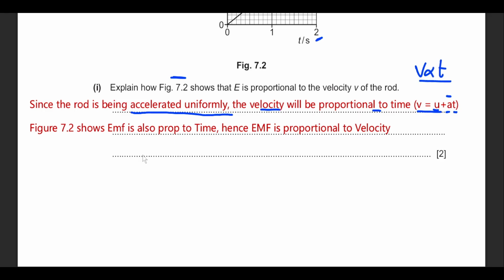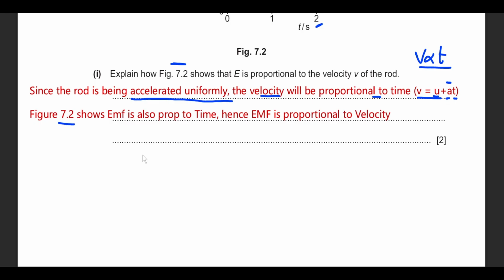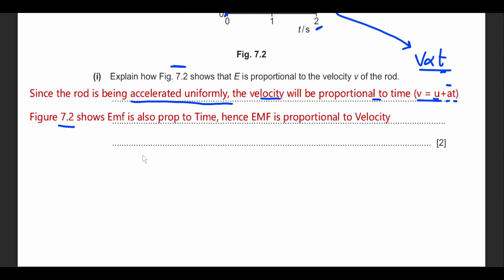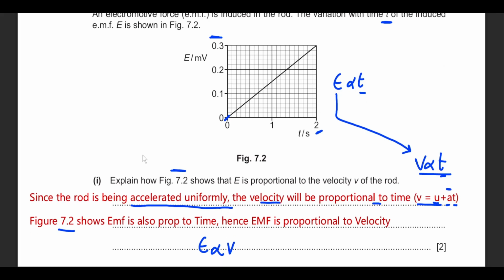From figure 7.2, we can also clearly see that EMF is proportional to time. Since both are proportional to time, they must also be proportional to each other, which means EMF is proportional to velocity. That's how they've done it, because they are both dependent on time.